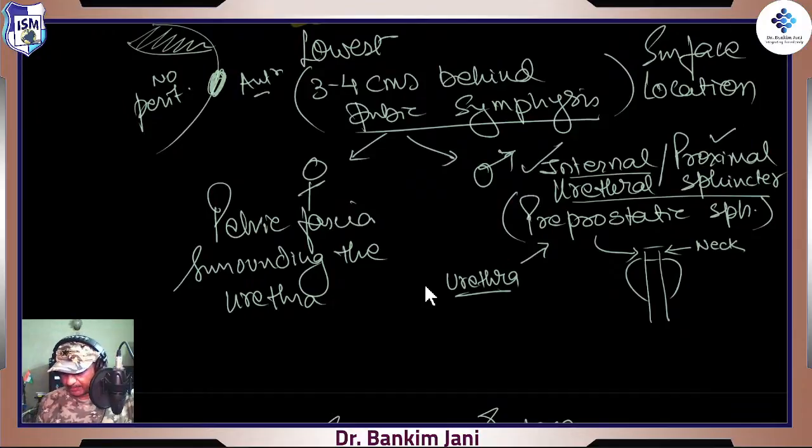This is the prostate. So these fibers, let's see in the color, these fibers are acting as a sphincter. We'll be talking about its nerve supply, etc., and we'll actually see what the process of micturition is and what is really the importance of this internal urethral sphincter. Okay. So that's how things are arranged.